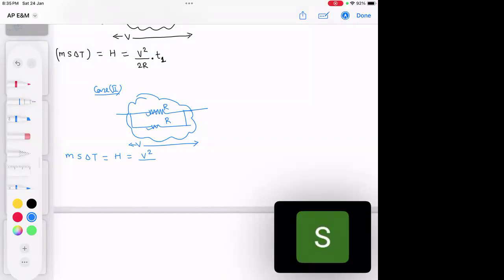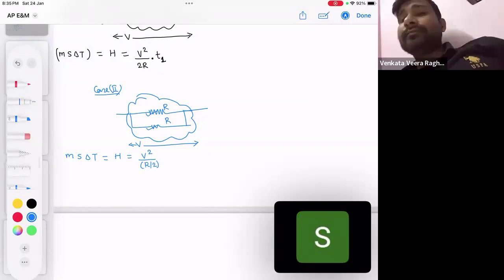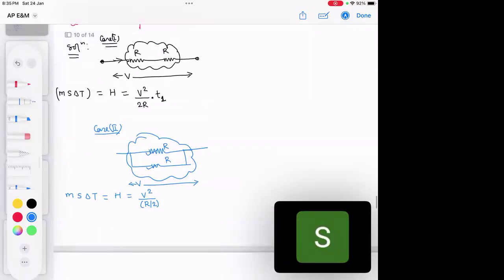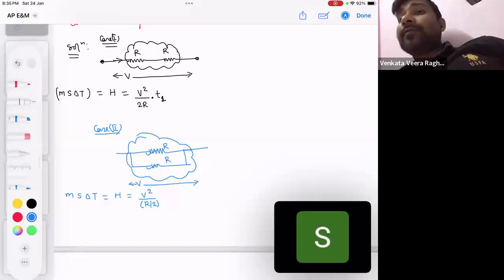Sir, in series, R by 2 will come. Tell me, sir, in series, we can't use V square by 2R, right? Because V is not same in both the resistances, but across this combination, how much is the voltage?